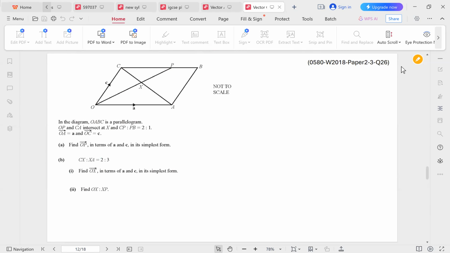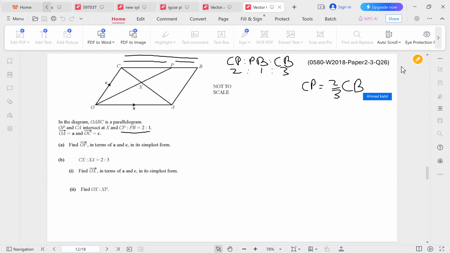So we have a ratio here, CP to PB equals 2 to 1. So we have three segments again. CP to PB to CB. We have 2 to 1 to 3. So CP is equal to 2 over 3 CB. And CB is equal to a because it's a parallelogram and these are opposite parallel sides.